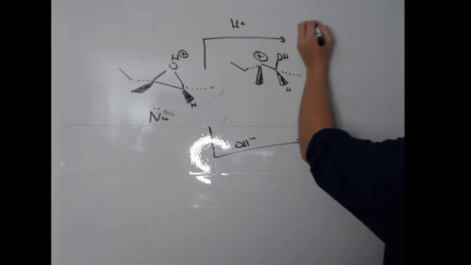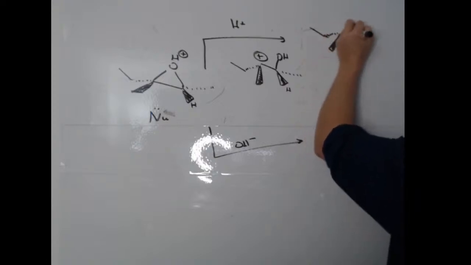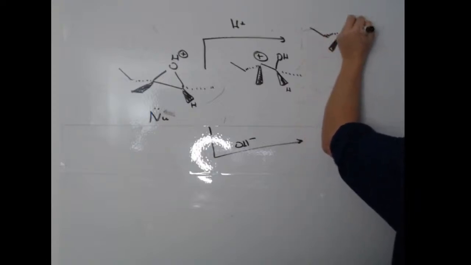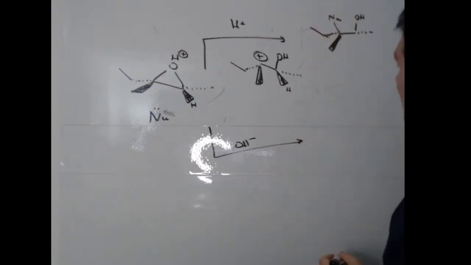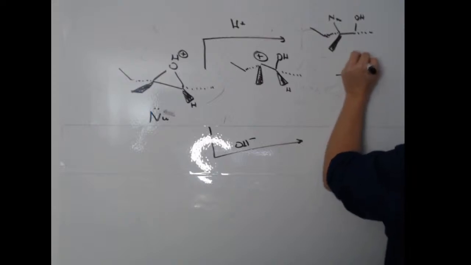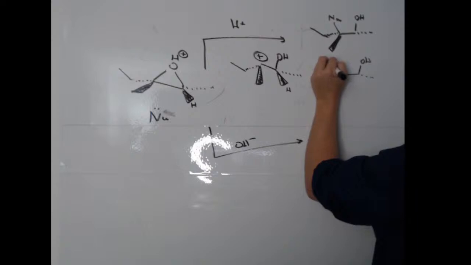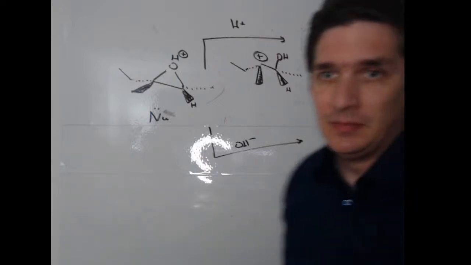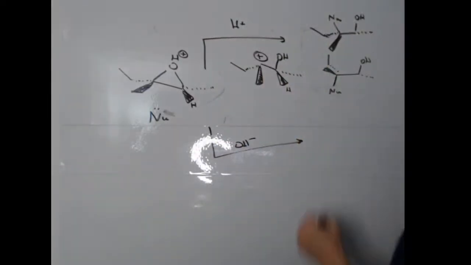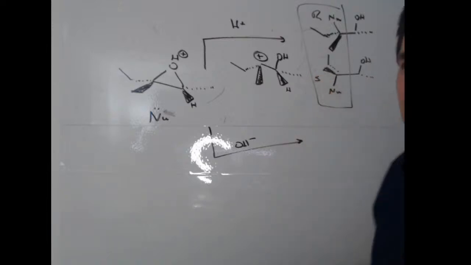So we're going to end up with that version, and we're going to end up with that version. So we're definitely going to have the mixture of R and S here.